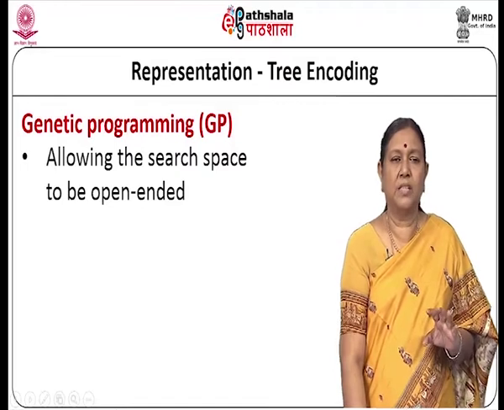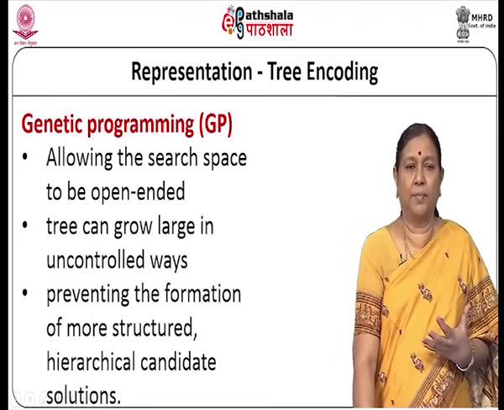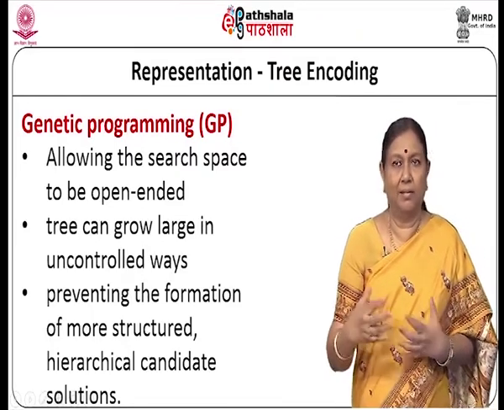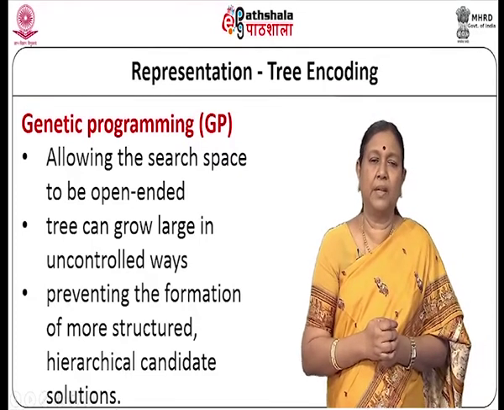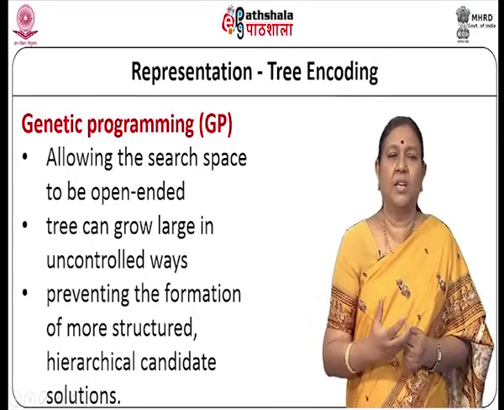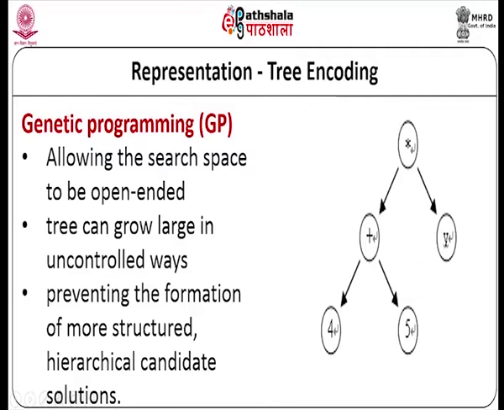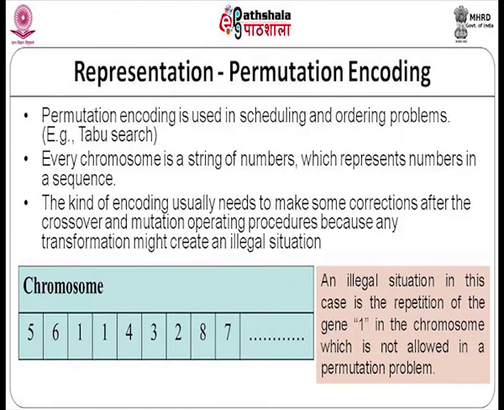It allows the search space to be open ended, that is genetic programming, and the tree can grow in a lot of uncontrolled ways, preventing the formation of more structured hierarchical candidate solutions. For example, this is a tree encoding. It is not a linear structure basically. The other two were linear structures, this is a tree encoding, just to tell you that it is an encoding technique.